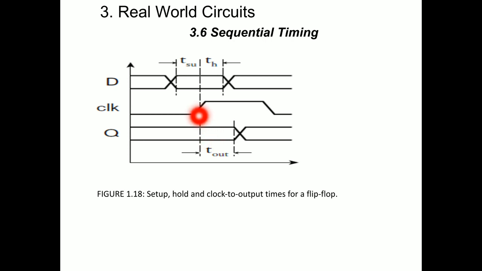You can see this is the clock edge, the 50% point, and the output follows. That is called clock to Q delay. The clock to Q delay is the amount of time taken by the output to respond to the captured input after the clock edge occurs.